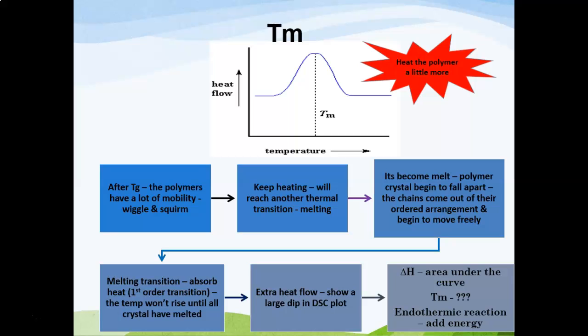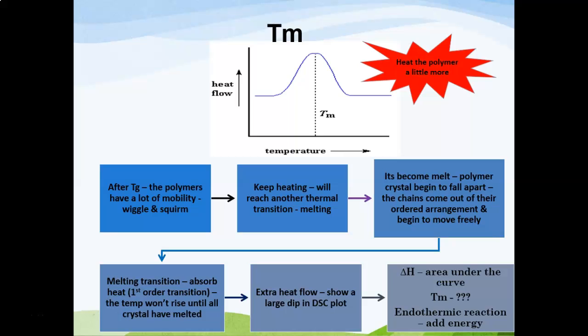As we can see in this curve, the area below the curve is the delta H. Melting is known as an endothermic reaction because it absorbs heat, and you can look at the arrow. The arrow is going upwards, meaning that it is endothermic. If I give you the values and you want to plot the graph, it is either exothermic or endothermic.